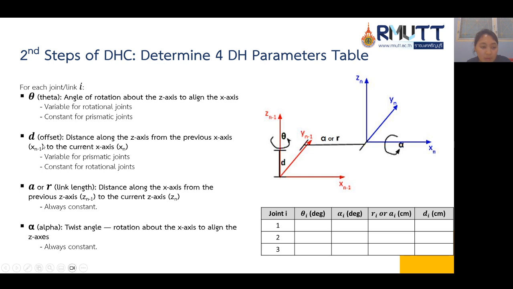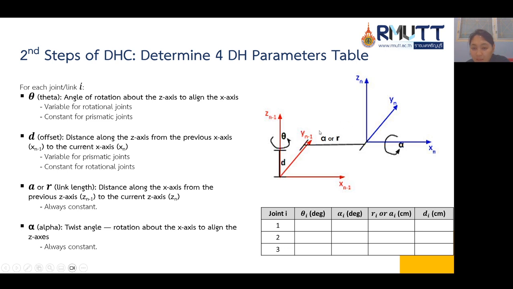And then for D, the parameter D is the offset, the distance along the z-axis from the previous x-axis to the current x-axis. For the prismatic joints it is variable, and for rotational joints it is constant.